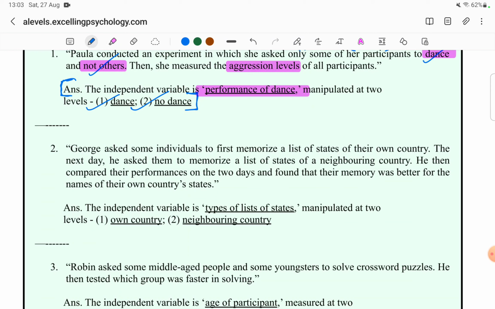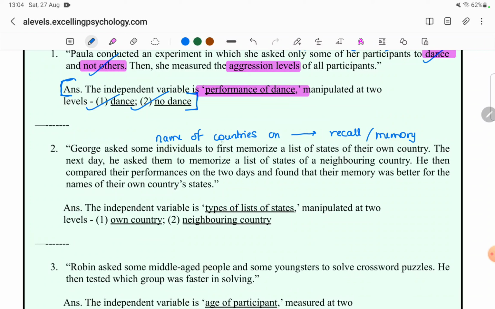So I can say that George wanted to study the effect of name of countries on the recall or memory of participants.